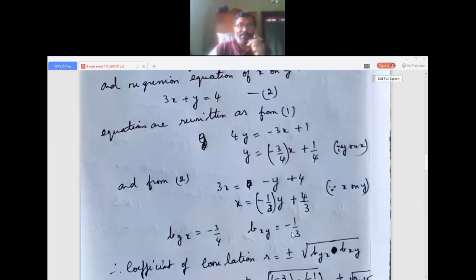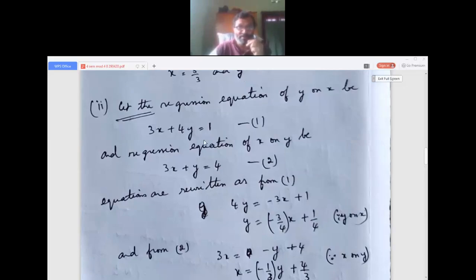So the regression equation of y on x, write it as y equals. You have done this many times in your study, right from 9th, 10th standard. Write it as y equals, take 3x to the other side, minus 3x plus 1, then cross multiply, you get like this, because it is y on x.